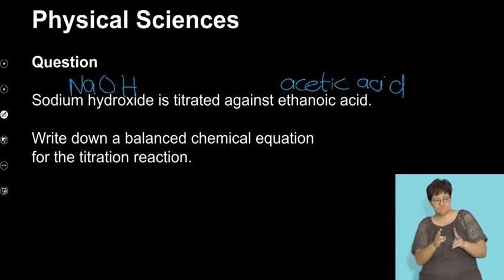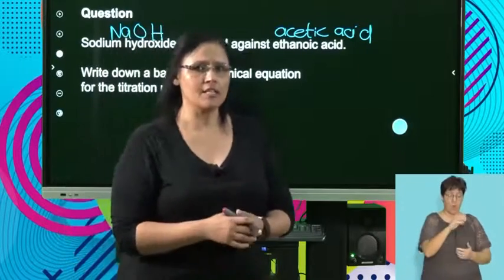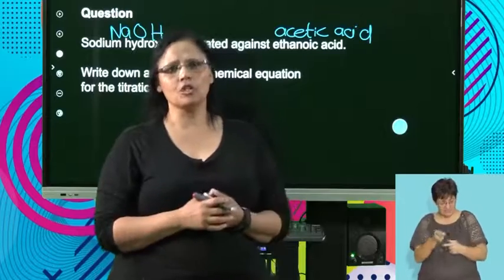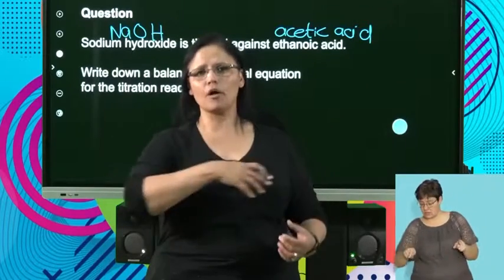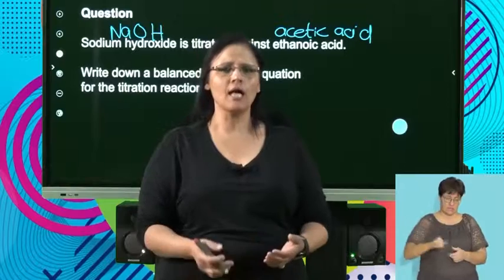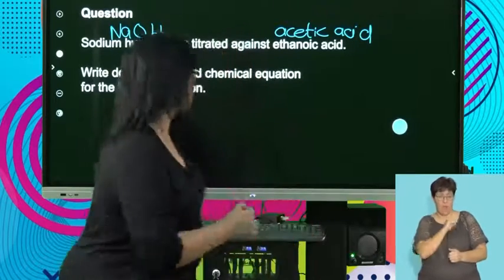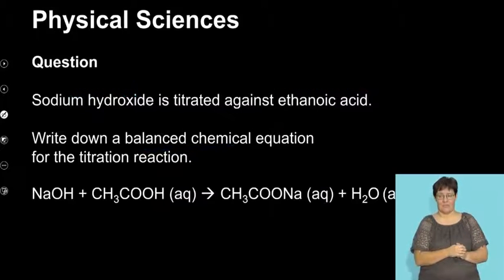Firstly, you need to know your ionic table and how to write your formulae. You also need to know what part of your acid will become your salt and what part of your base will become your salt. Then you have to balance it, because we've asked for a balanced chemical equation.